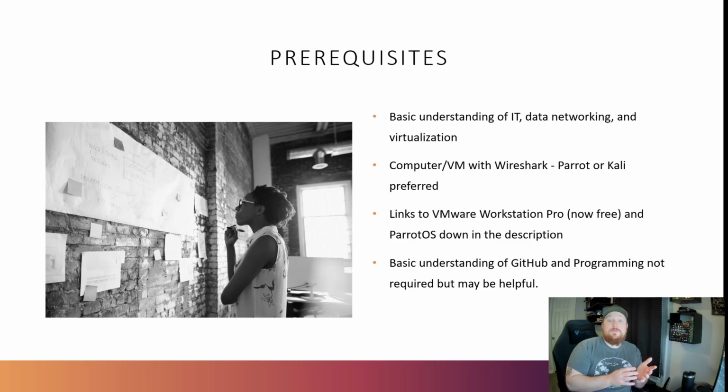I have a link to VMware Workstation Pro, which is free now for personal use, and Parrot OS in the description, which I'll be using most of the time. I did make a video talking about Parrot and showing how I installed it on ESXi, and ParrotSec has guides for VMware Workstation and VirtualBox and some others on their website.